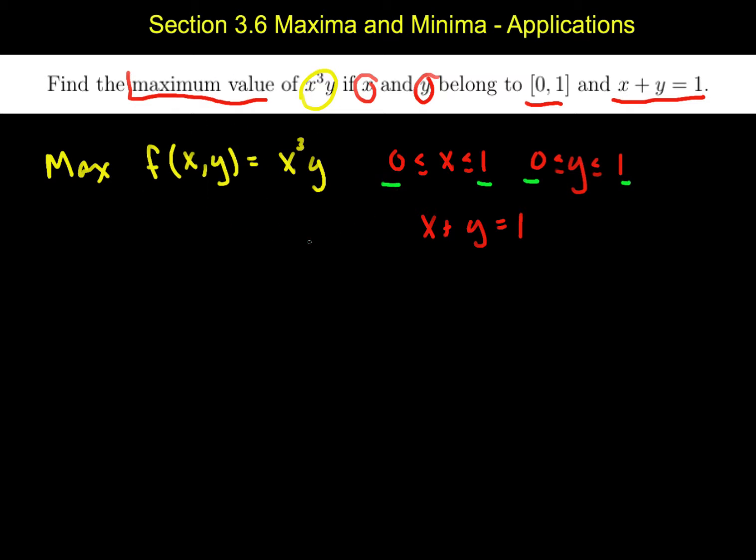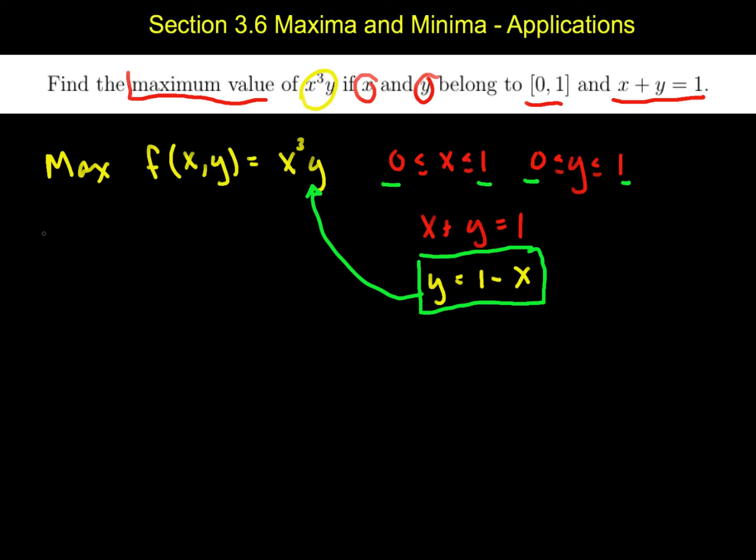So we're going to need to use our constraint to reduce our dimension down, which should be pretty straightforward, since if x plus y equals 1, we know that y is equal to 1 minus x. We can plug that into our original function, and now this becomes a function of just one variable. So we reduce the complexity of the problem.